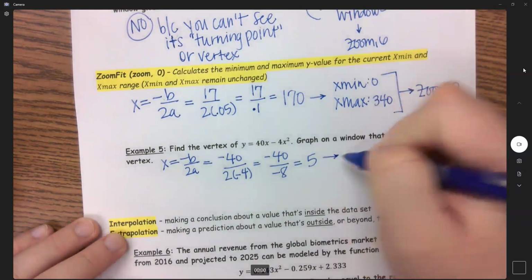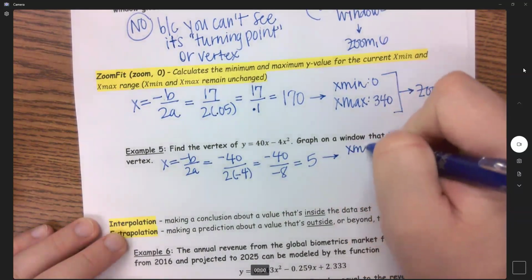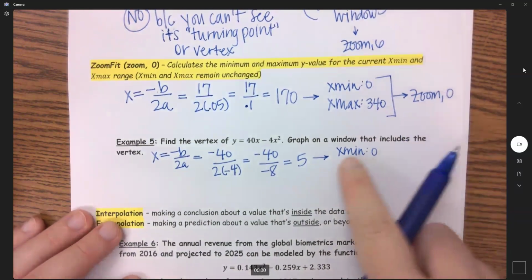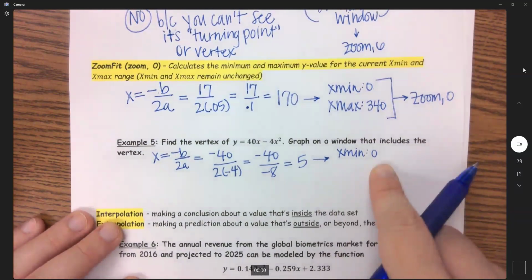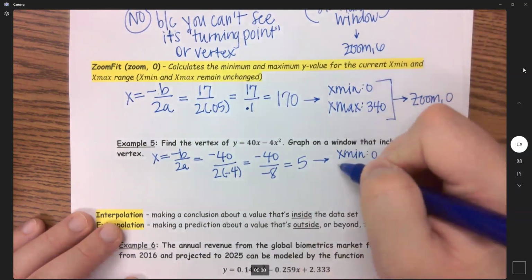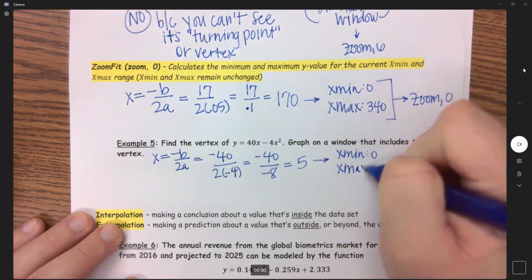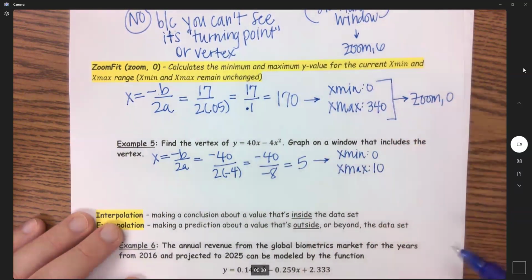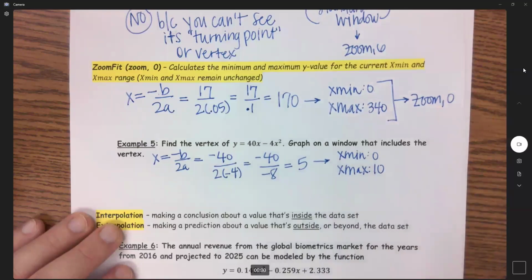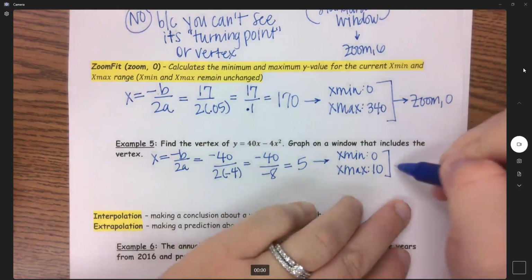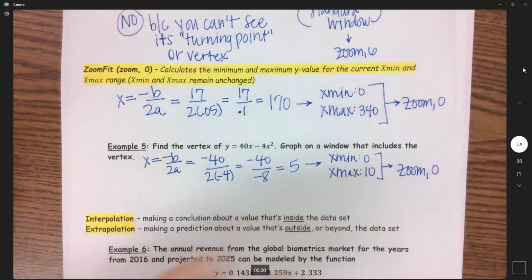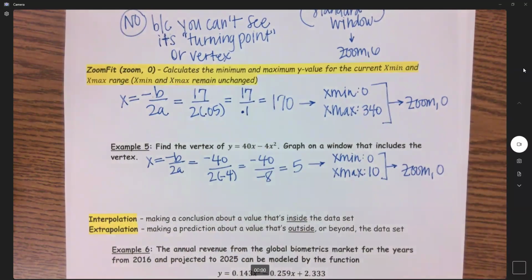So I'm going to change my window really back to what it was. We're going to change our x min to 0. Okay, I'm almost always going to put my x min at 0. And then for my x max, you're going to take this and double it. Okay, this is just a good way to make sure that that vertex is in the middle of your x min and max. Once we change this, we will do our Zoom 0 and it will fix our y's for us.